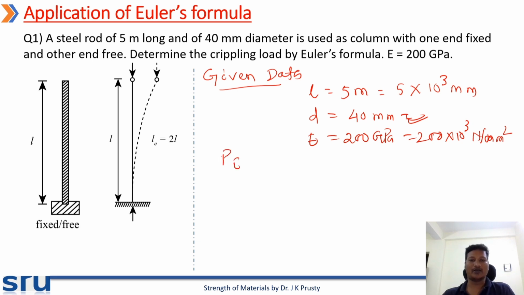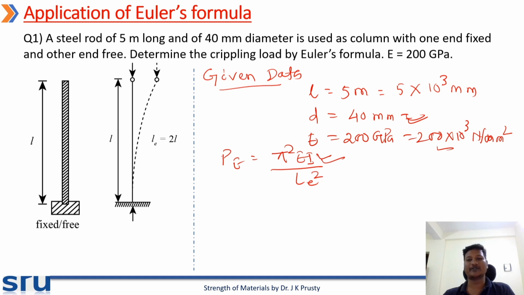So the crippling load as per Euler's formula is pi square EI by L square. E is given. So now we need to find out the moment of inertia.